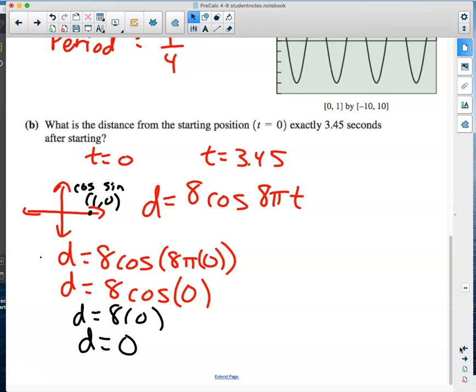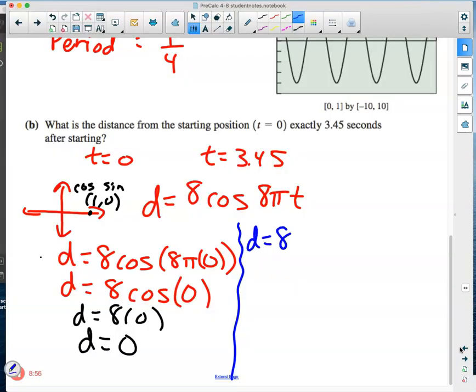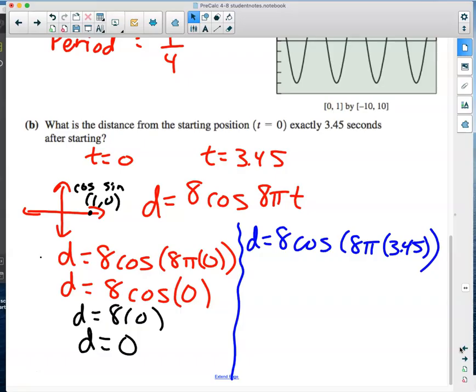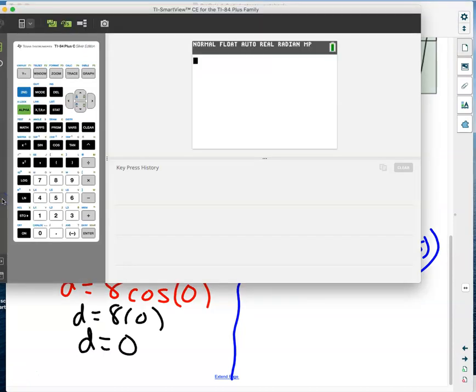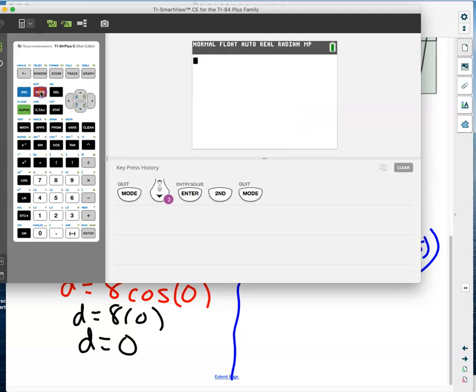Next up, 3.45. So this one, we're going to use a calculator for. And since we have pi in our information, we're going to need our calculator in radians mode. So there it is, already in radians mode.